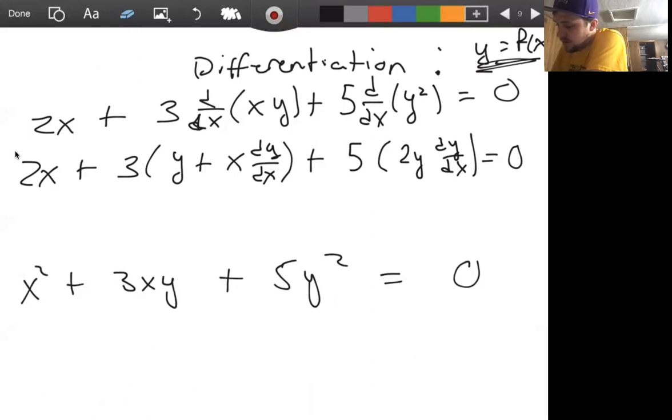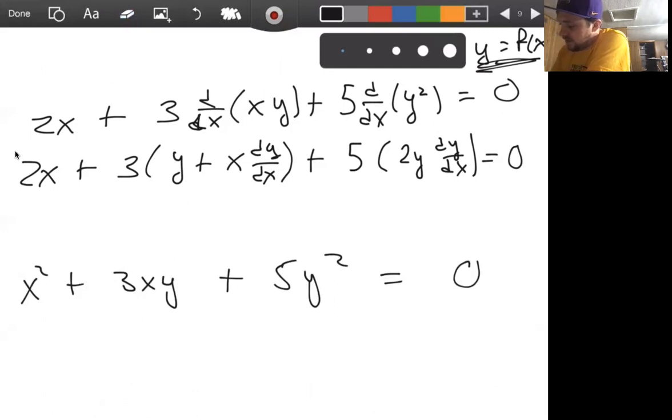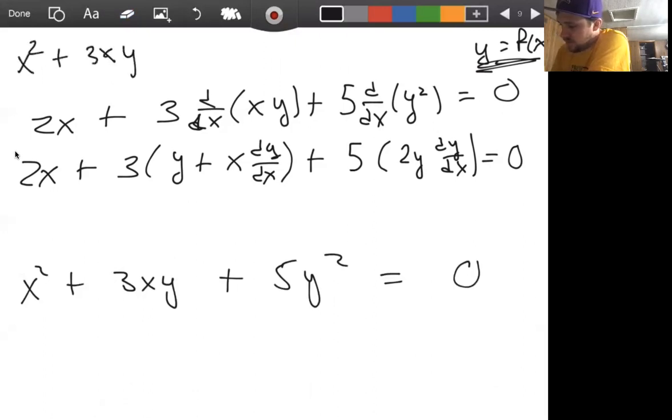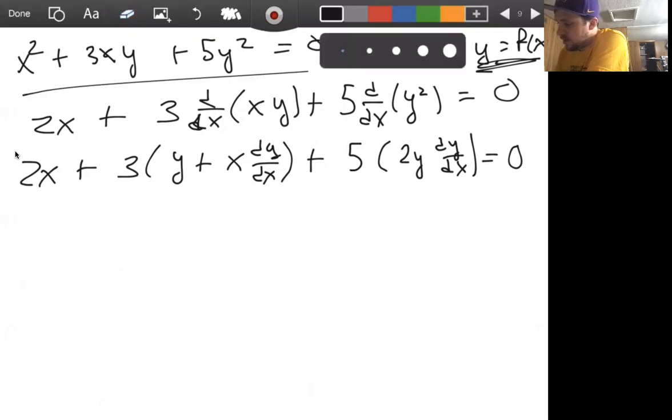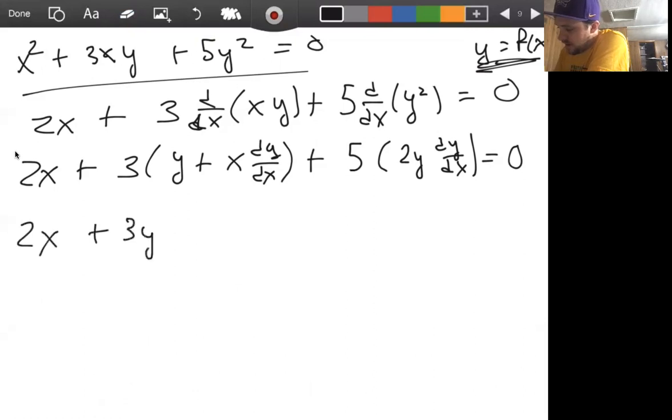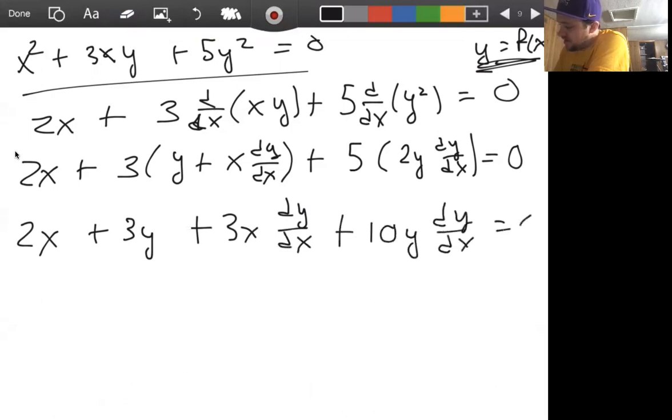Now that we know we're doing implicit differentiation here, I'll copy our function. We have x squared plus 3xy plus 5y squared equals 0 is the function that we're trying to find dy dx for, right? And what can we do now? We have 2x plus 3y plus 3x dy dx plus 10y dy dx equals 0.